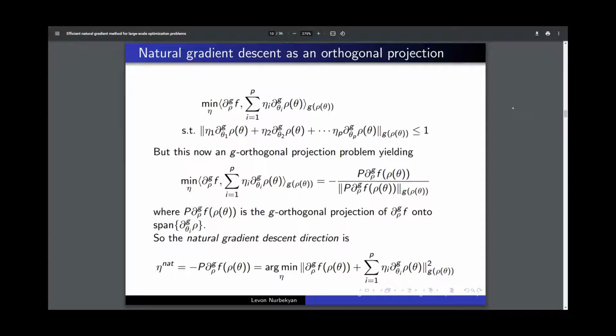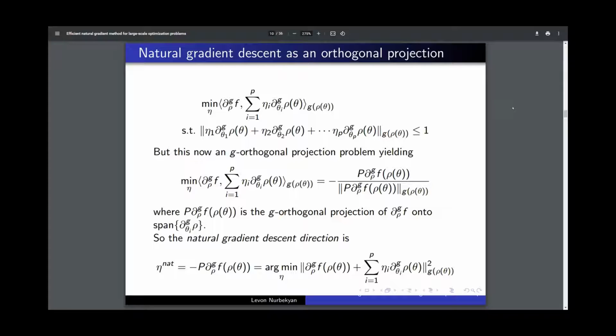What you obtain is actually quite interesting. You want to move in the eta space as close as possible to the gradient of our function f on the manifold. It's like we're trying to follow the steepest descent on the manifold, but of course, a priori we don't know whether this gradient is actually in the tangent space.